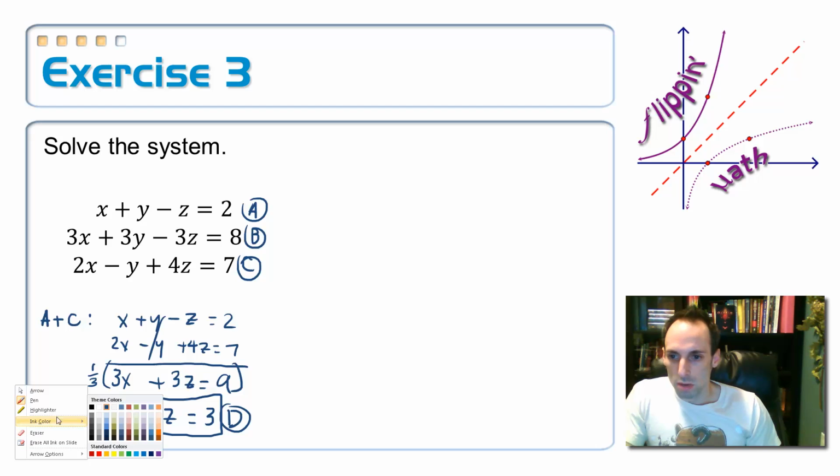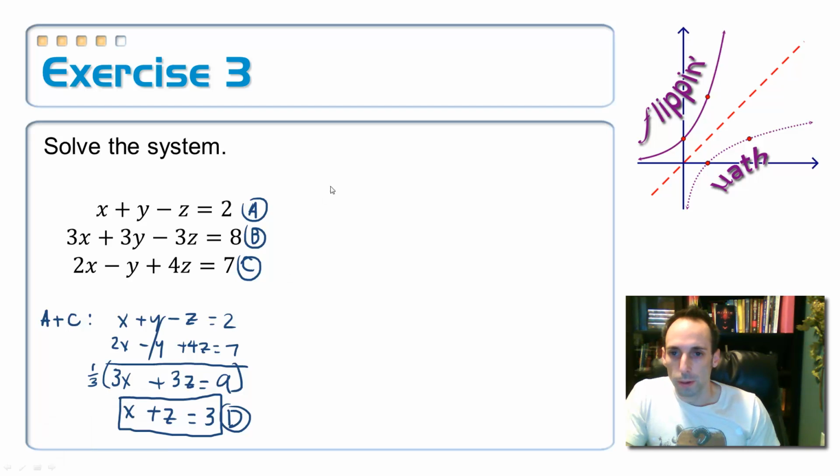I'm going to change colors to make this totally colorful. Okay, so B and C. So I need to multiply C by 3. So how about B plus 3C? Just copy down B just like you see it. We got 3 x's plus 3 y's minus 3 z's is equal to 8.